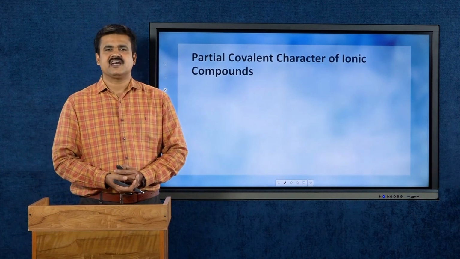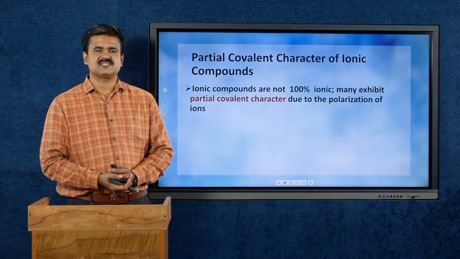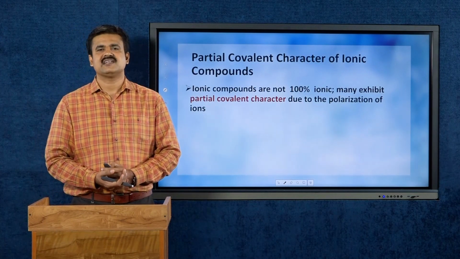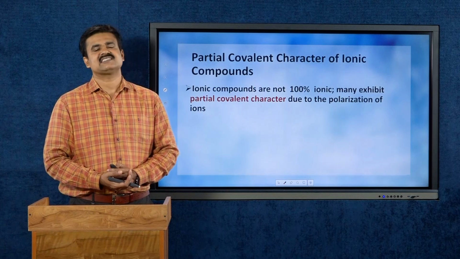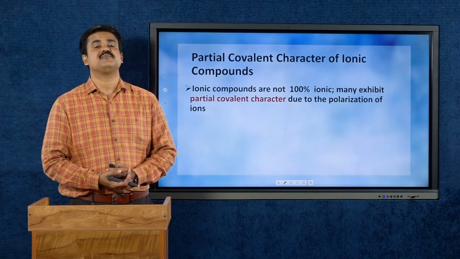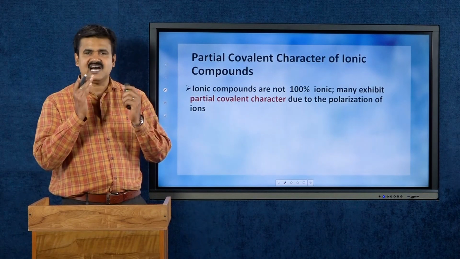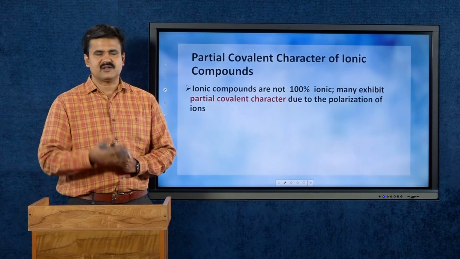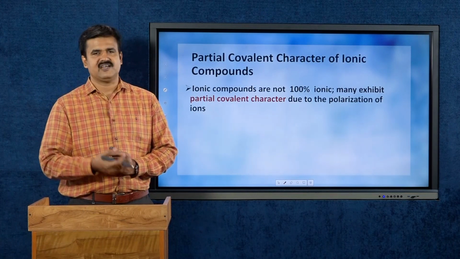Partial covalent character of ionic compounds is the first part of this discussion. Ionic compounds are not 100% ionic. Many exhibit partial covalent character. And what is the reason for such partial covalent character? The answer is polarization of the ions. The higher the polarization, the higher will be the covalent character.